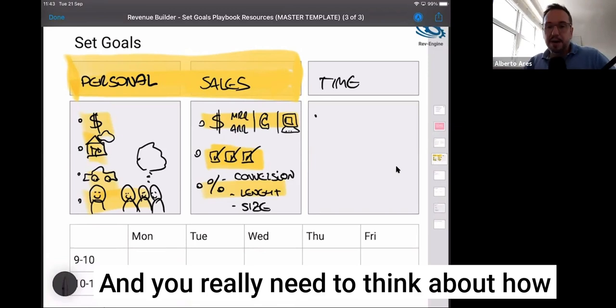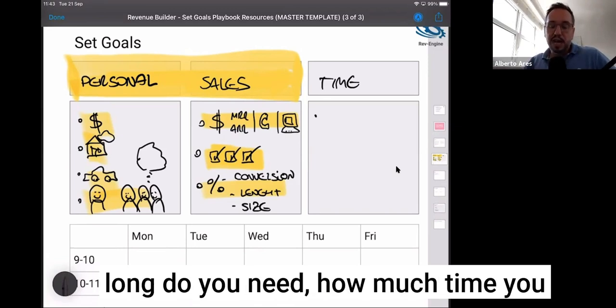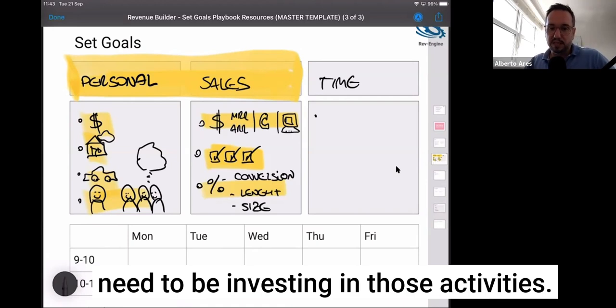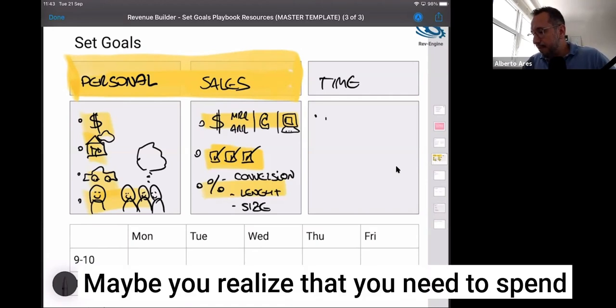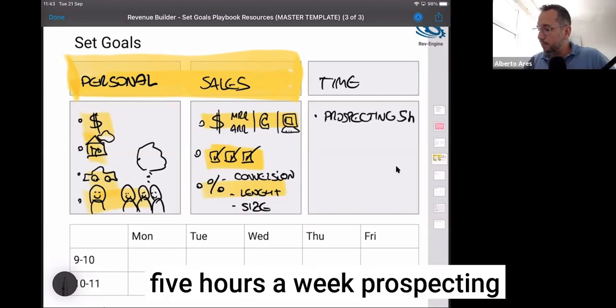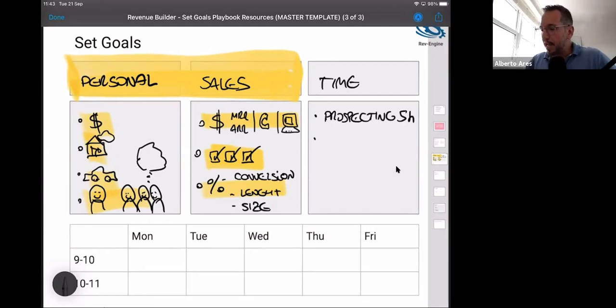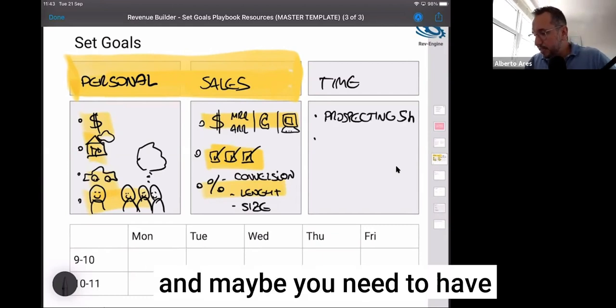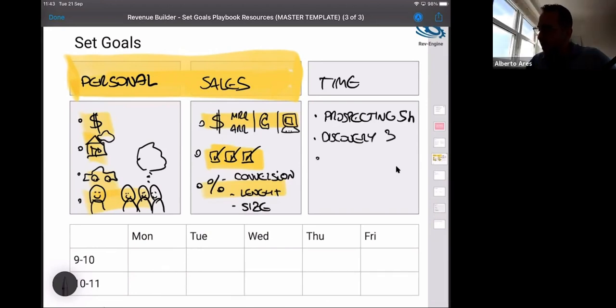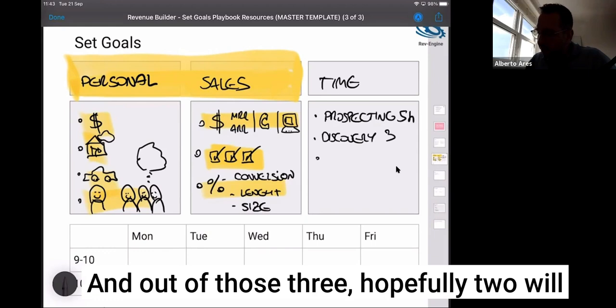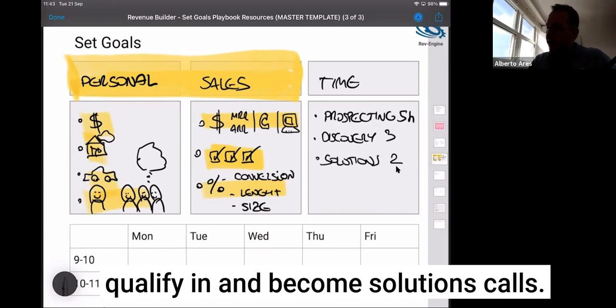And you really need to think about how much time you need to be investing in those activities, right? And this could be, maybe you realize that you need to spend 5 hours a week prospecting, and maybe you need to have 3 discovery calls a week, and out of those 3, hopefully 2 will qualify and become solutions calls.